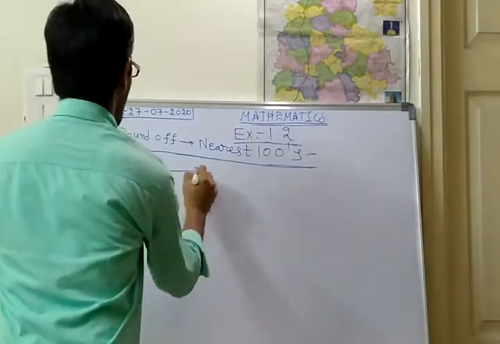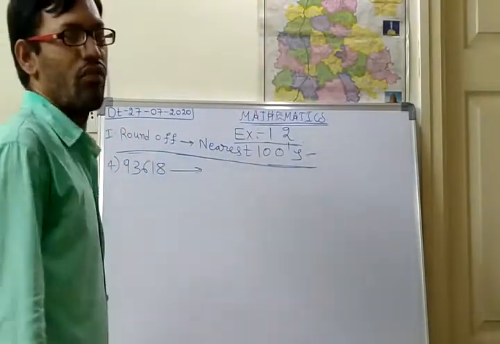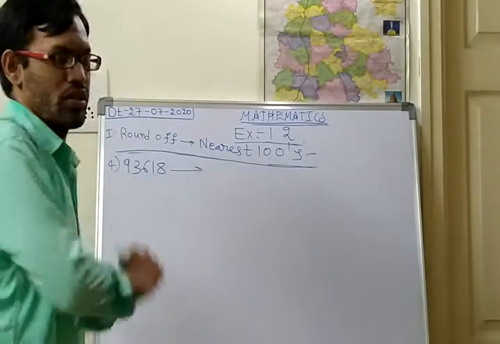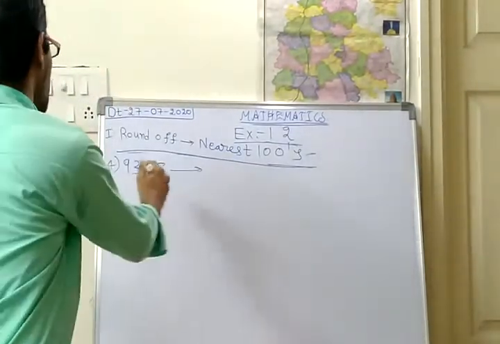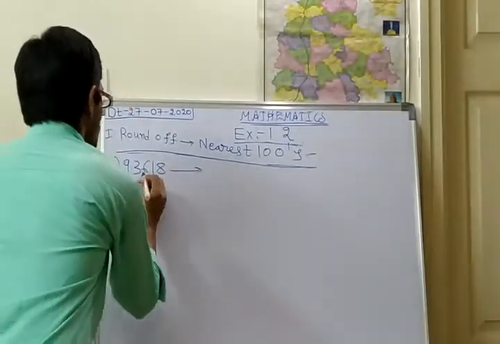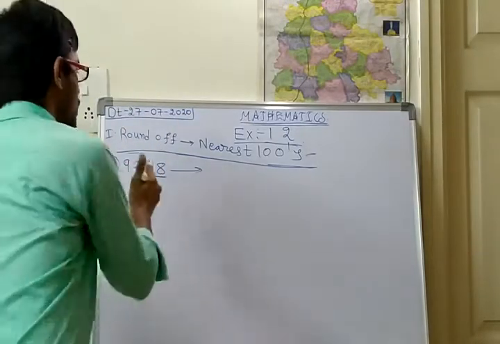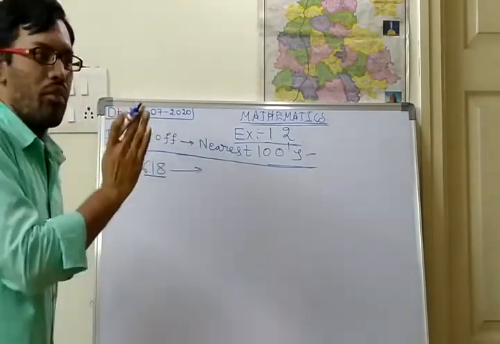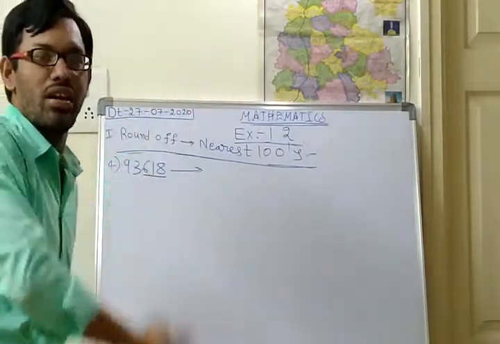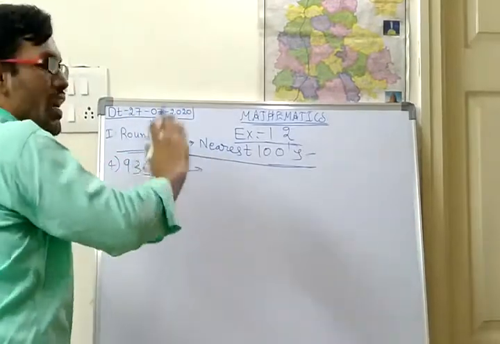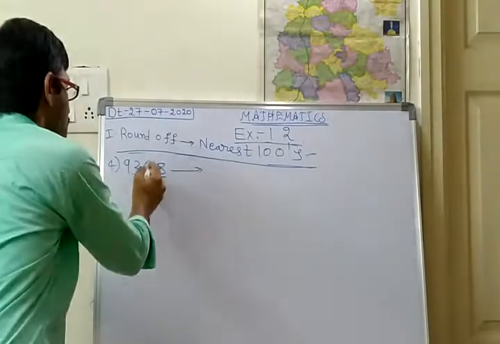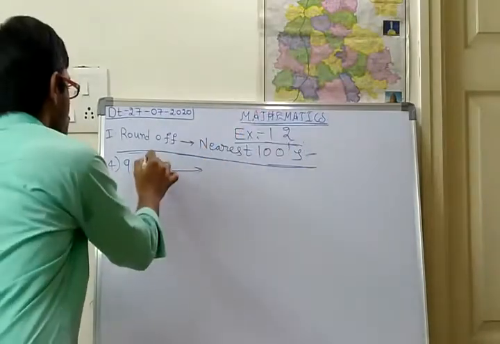What is the nearest 100 value for this 93,618? What are these three digits? 618. So in between 600 and 700 it will be. In between 600 and the next 100, 700. So this 100 you should take.